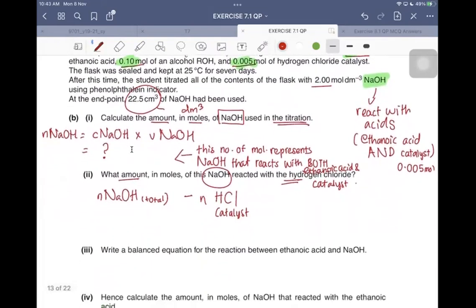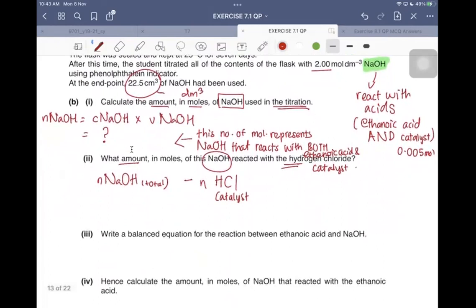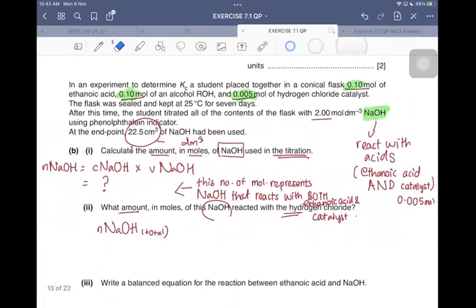What amount in moles of this sodium hydroxide reacted with the hydrogen chloride catalyst? 0.005 mole of hydrogen chloride.